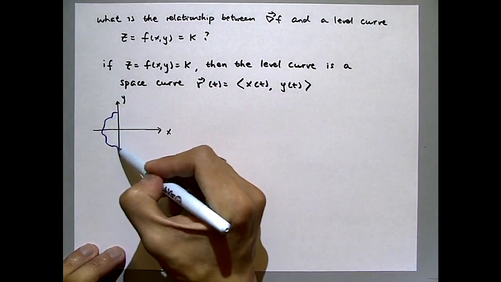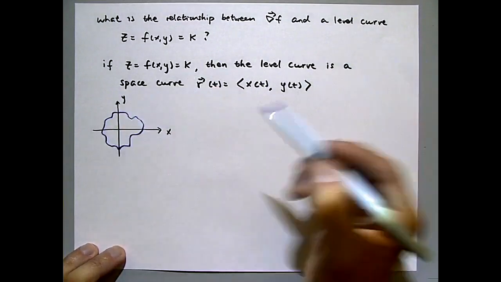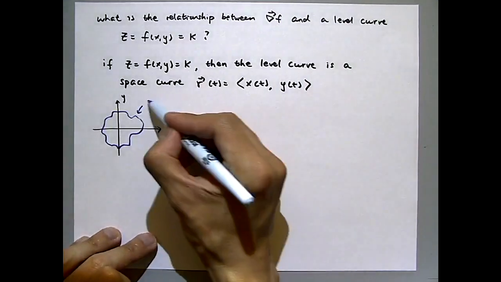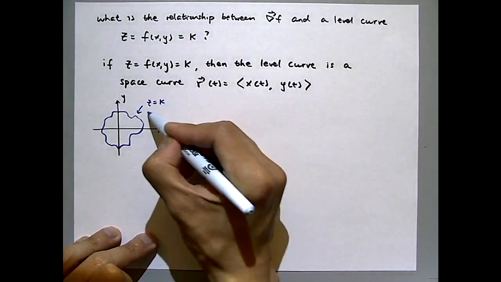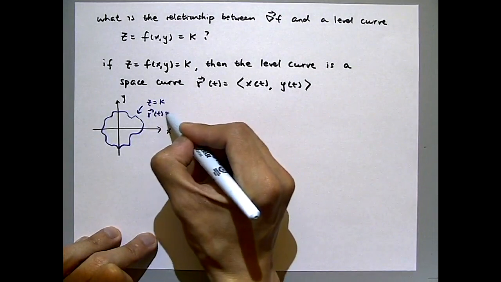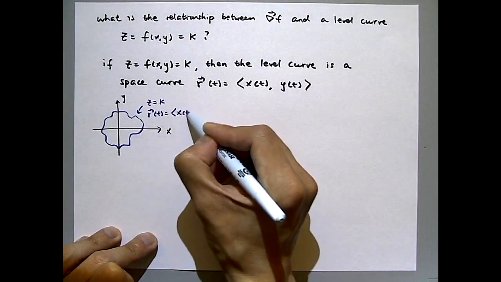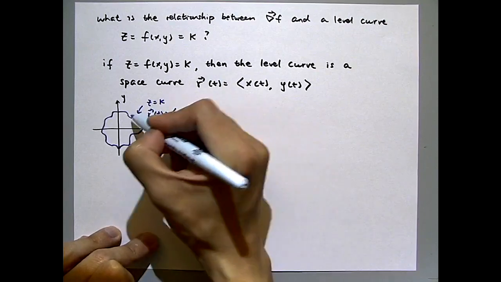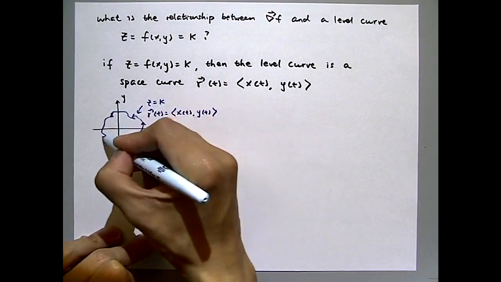And this can look like any kind of shape. Let's say it looks like that, and let's suppose it goes in that direction.